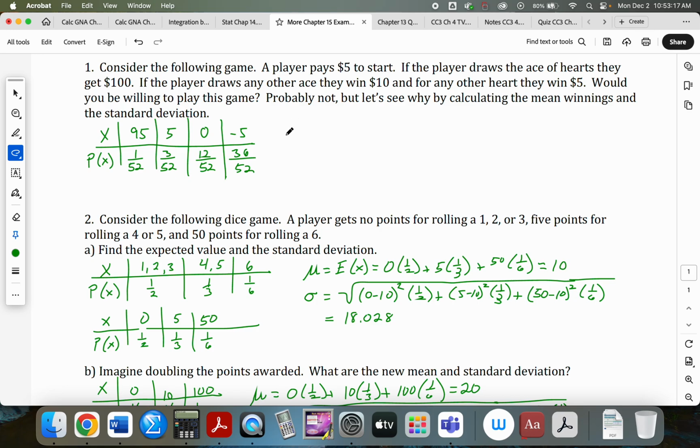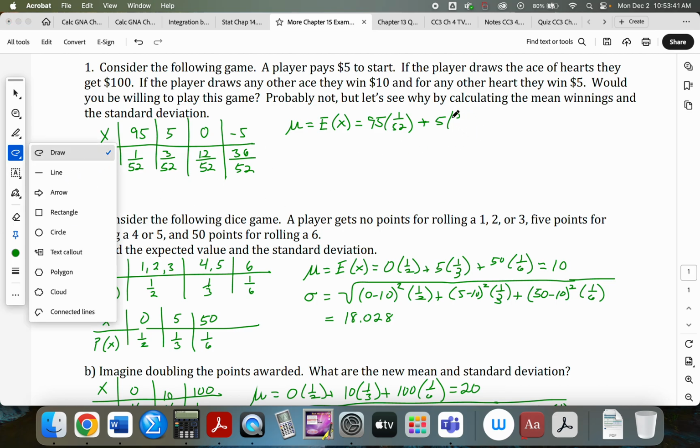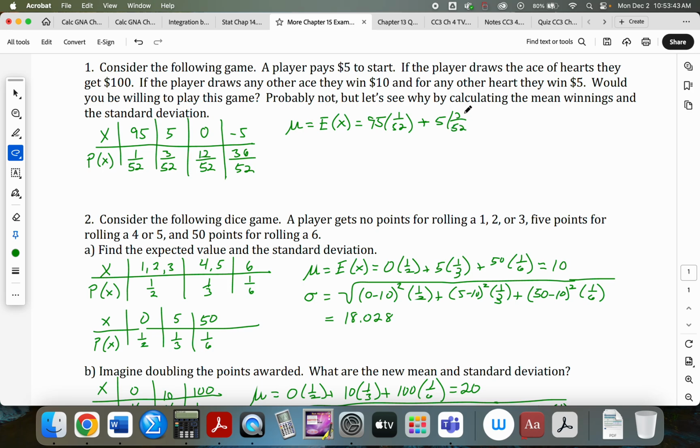So my mean, the expected value for X, is going to be 95 times 1 out of 52, plus 5 times 3 out of 52, plus 0 times 12 out of 52.